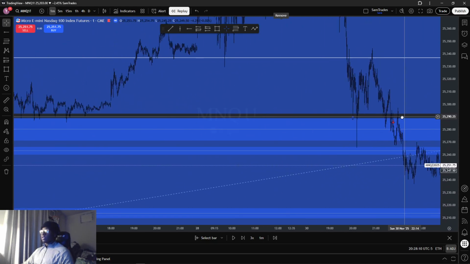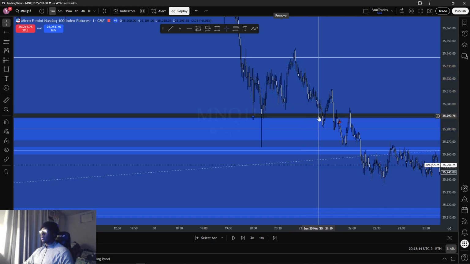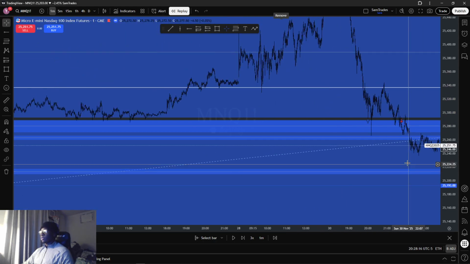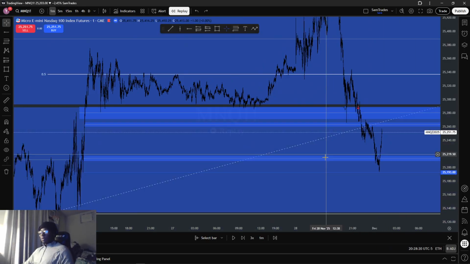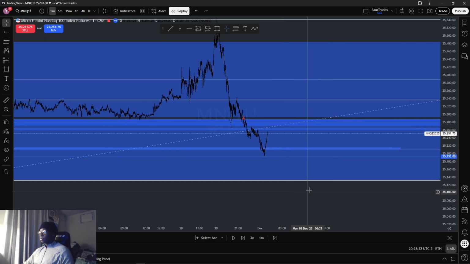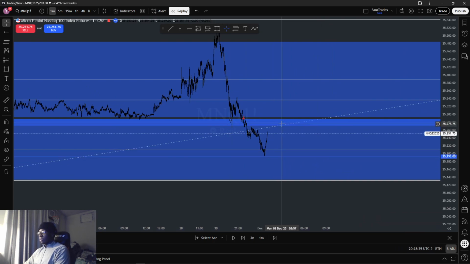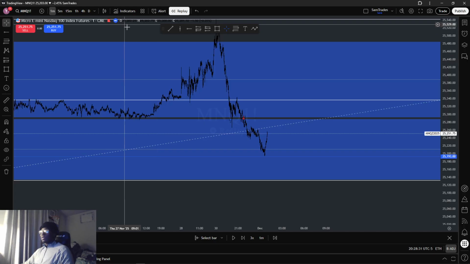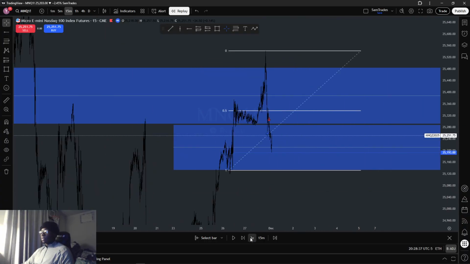If I would have stayed in this trade, I probably would have targeted the high. I was just demonstrating this to see if it would work or not, and it kind of did a little bit. It was just like a mini retrace.